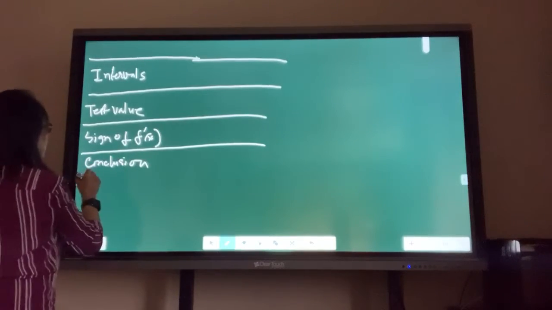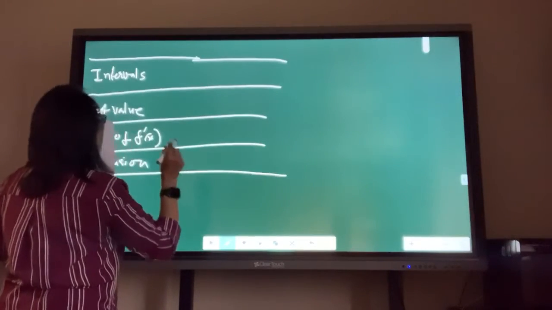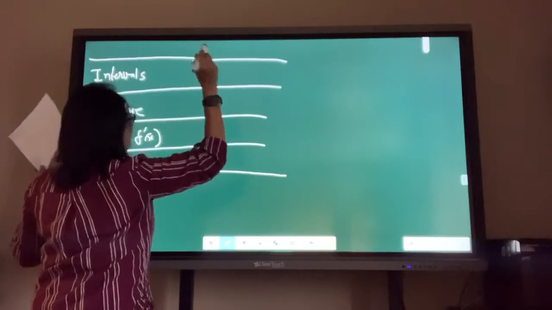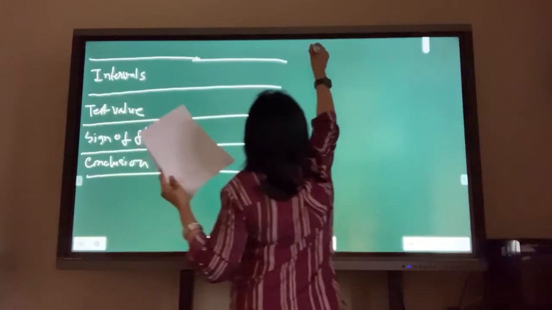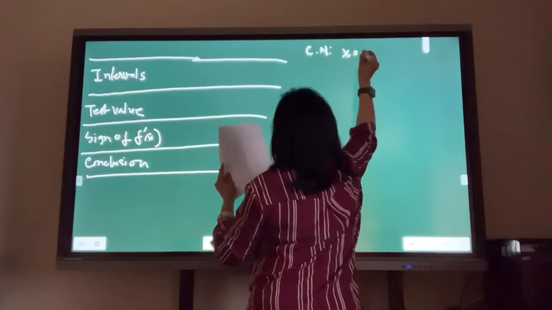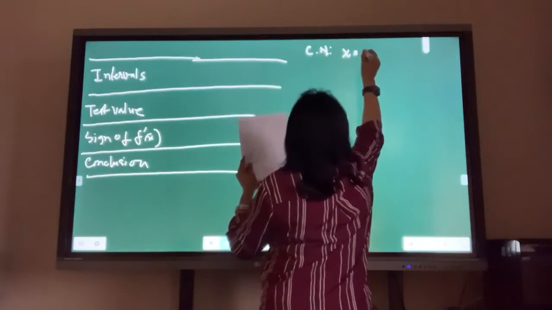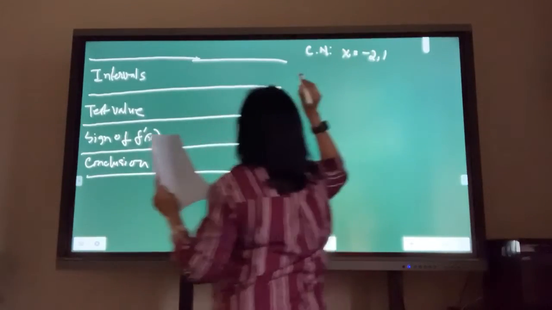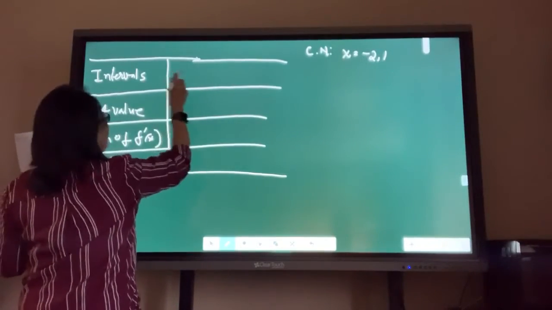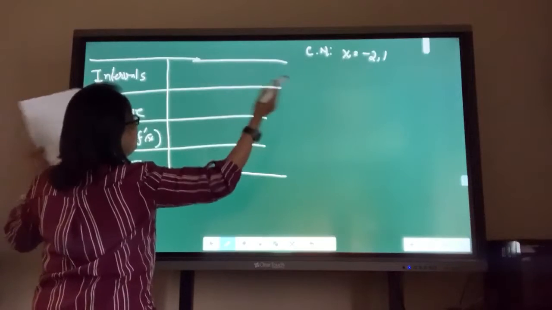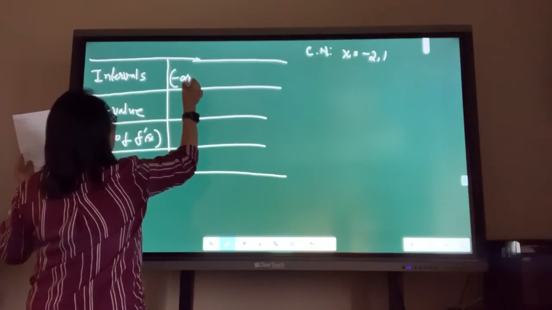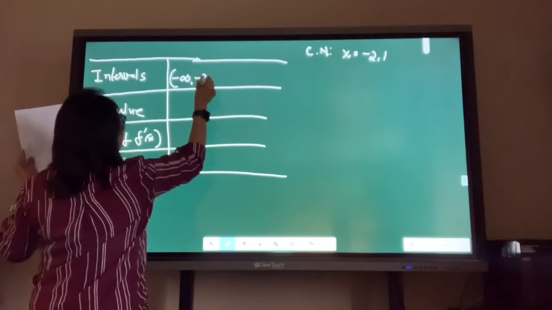Okay, now I know that the critical numbers were found earlier, CNs where x equals -2 and 1. So intervals will be coming in between. We have intervals starting, and this is a polynomial function, so we're going to have it from negative infinity to negative 2.